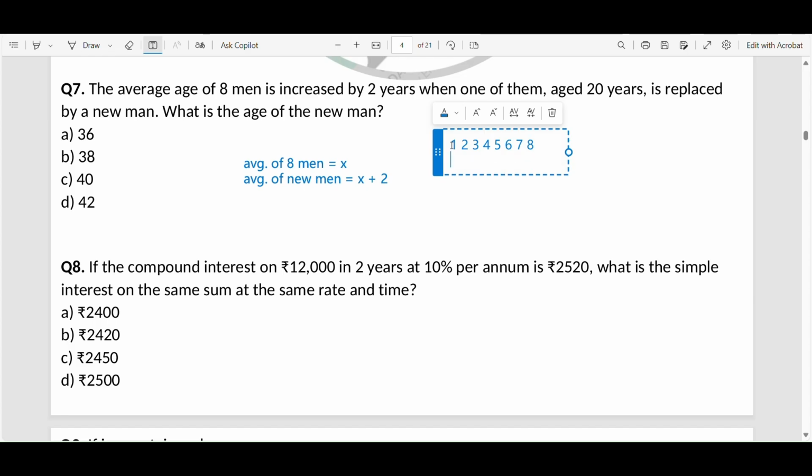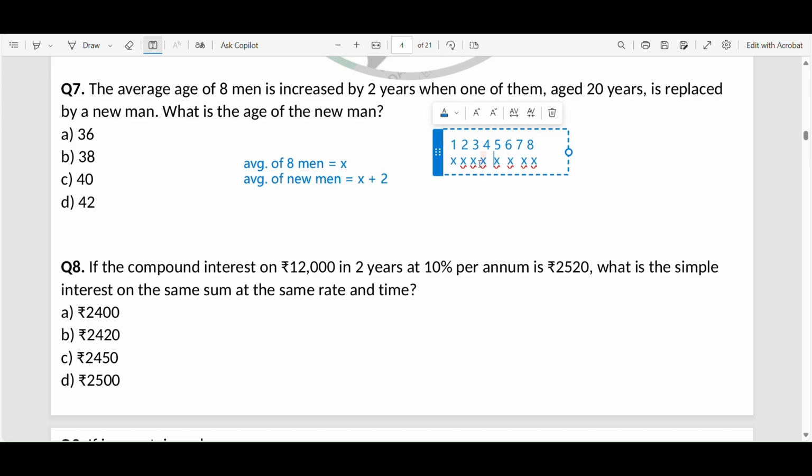And we are having x, x, x, x, x, x, x, and x. These are the 8 ages. See, if x is the average, then x can be the age of all the people, right? But this is not possible. Just consider it now.